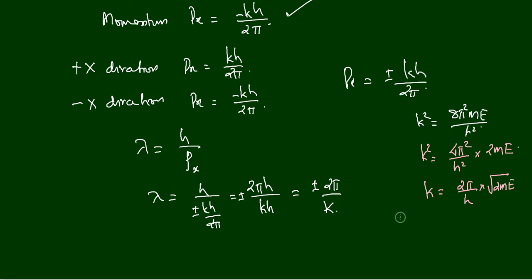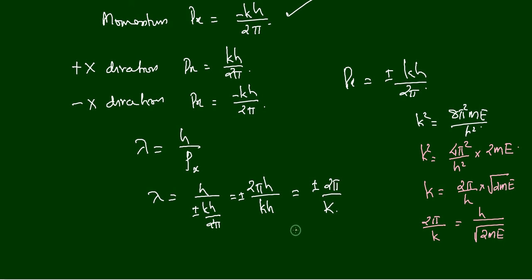So I can write 2 pi by k. 2 pi divided by k is equal to h divided by root of 2me. So instead of 2 pi by k, I can write h divided by root of 2me.